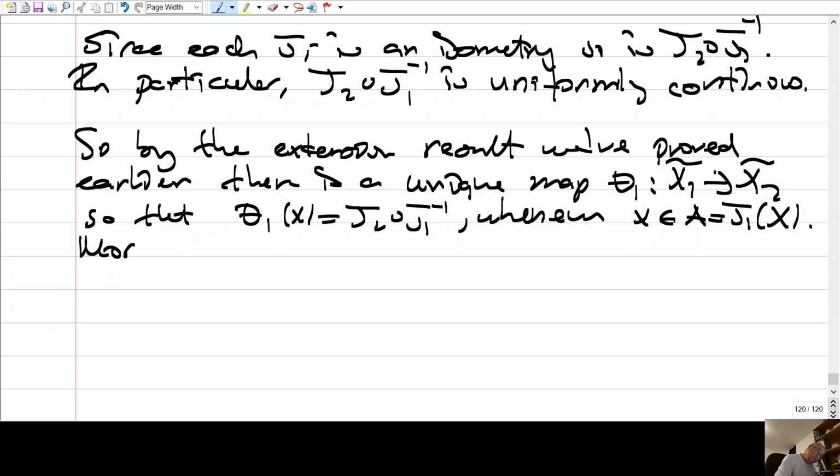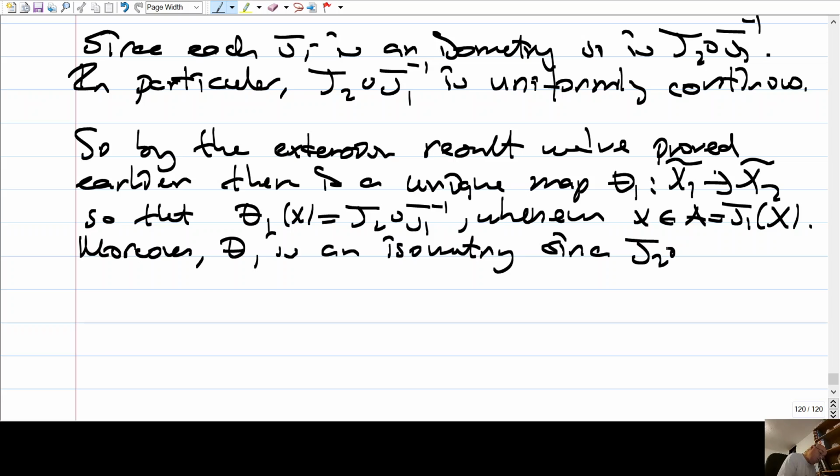Moreover, it is an isometry, since j2 j1 inverse is an isometry. That was a part of the proposition we proved.